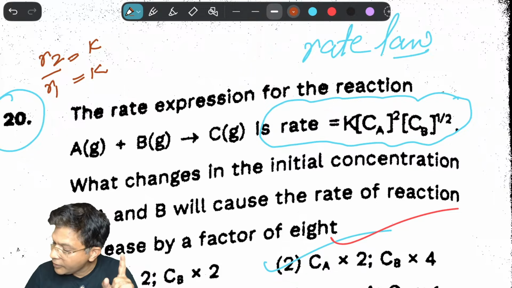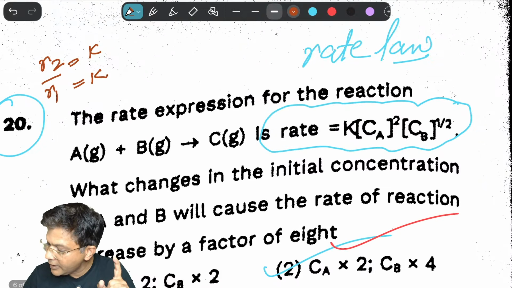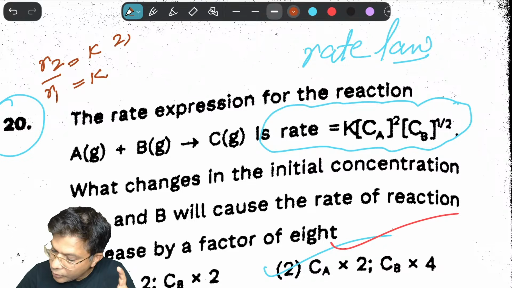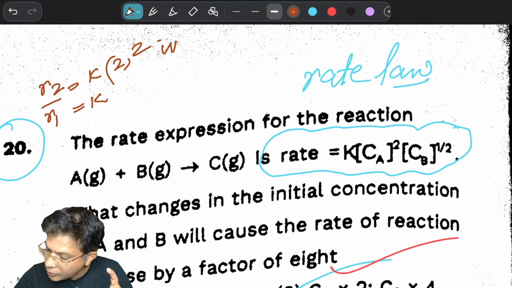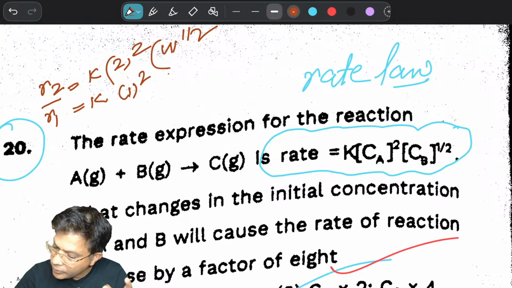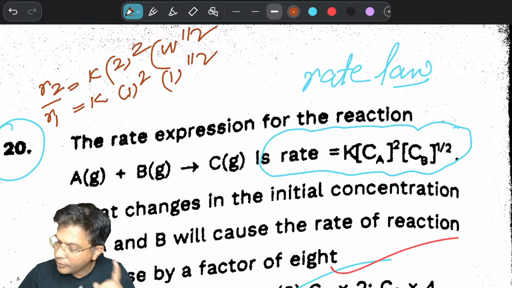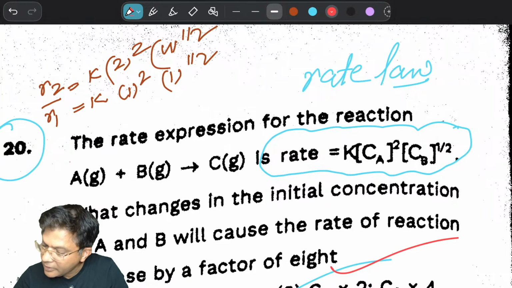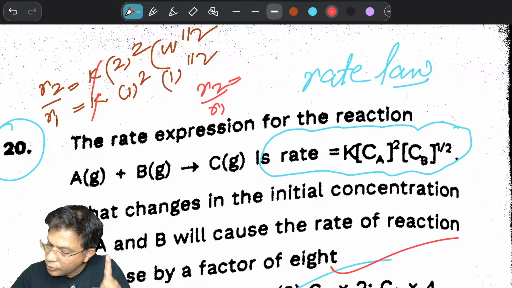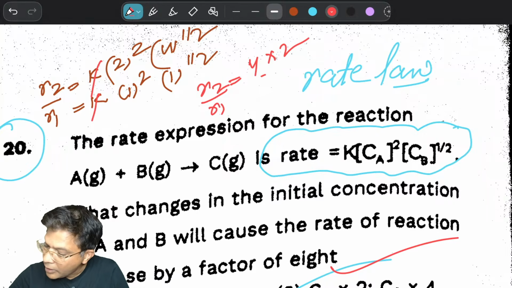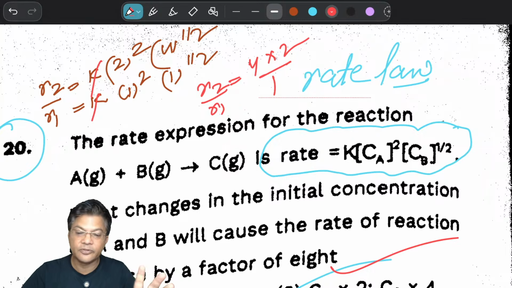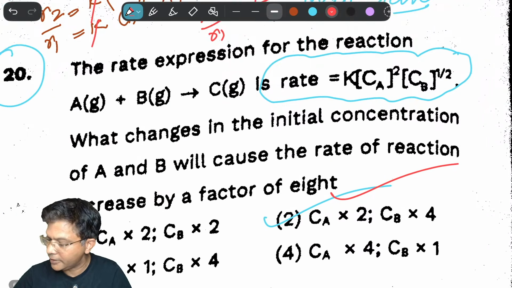If you write the concentration of A to be 2 times, you write 2 to the power 2, and this is 4 times, so 4 to the power 1 by 2, hit and trial, and 1 raised to the power 2 and 1 raised to the power 1 by 2. K will cancel out and R2 upon R1 will come out as 2 to the 2 and 4 to the power 1 by 2, which is 2. So R2 is 8 times that of R1. You got it. This way you can do it.